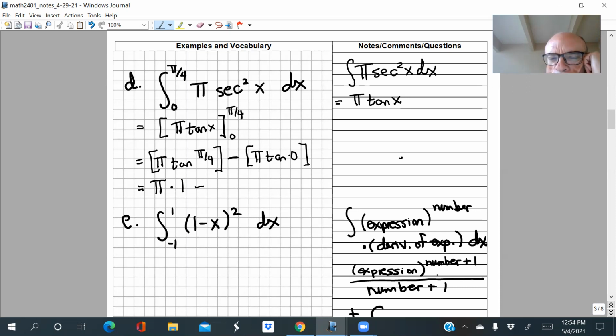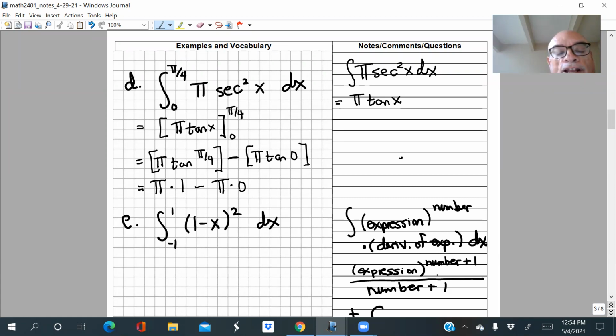What's the tangent of 0? Sine of 0 is 0, cosine of 0 is 1, and tangent is sine over cosine. So what will tangent of 0 be? 0, exactly. So this is pi times 0.